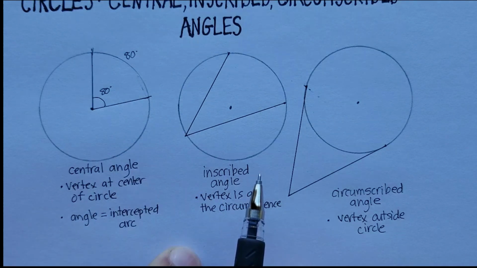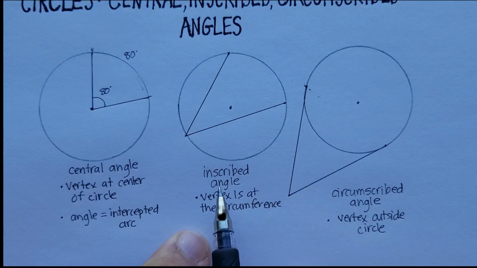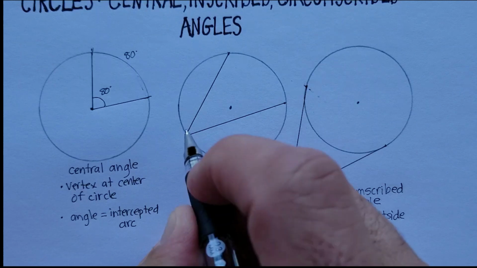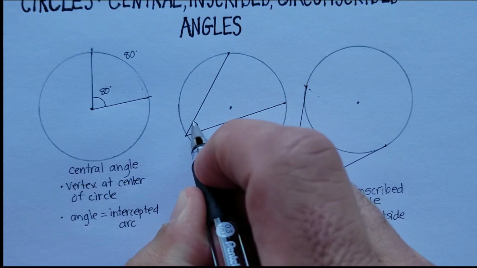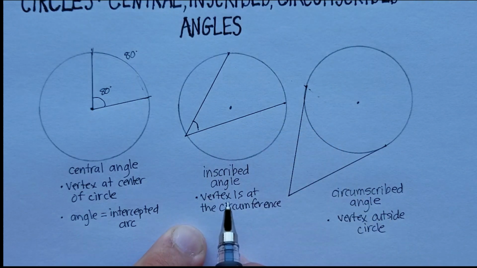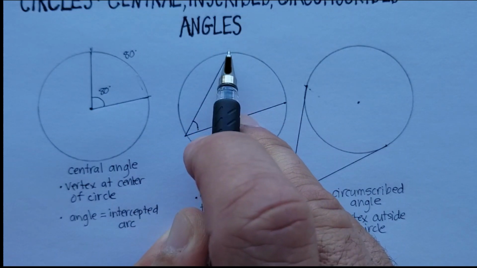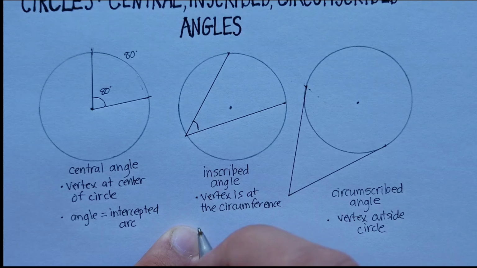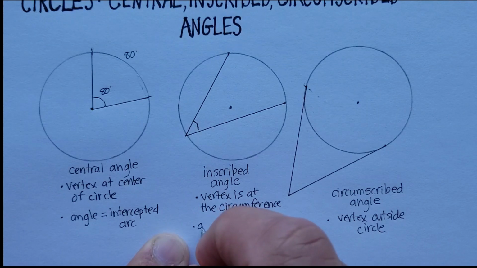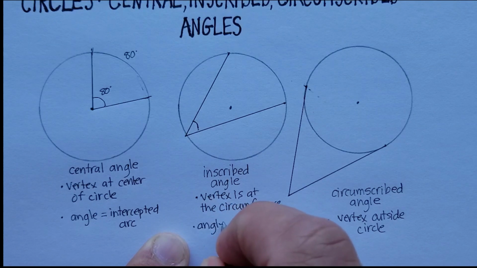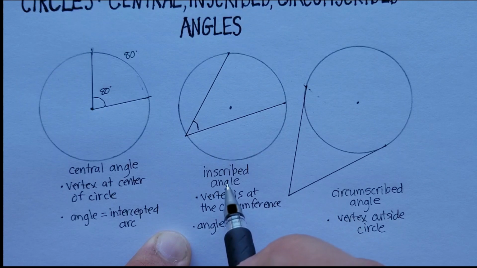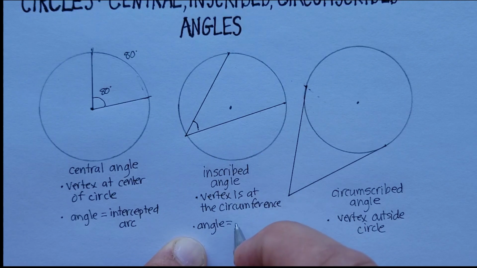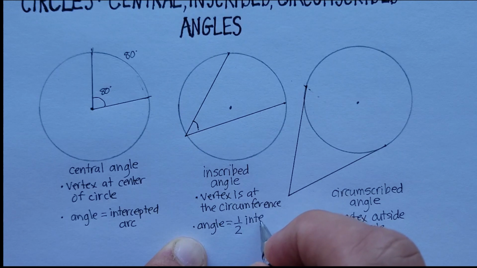Now, for an inscribed angle, it's a little bit different. The angle itself is 1/2 the measure of the intercepted arc. So the angle of an inscribed angle is equal to 1/2 the intercepted arc.